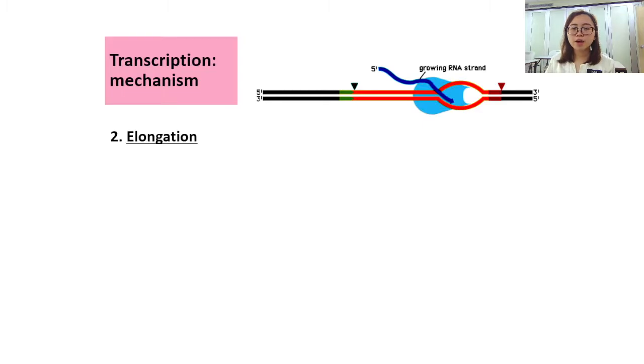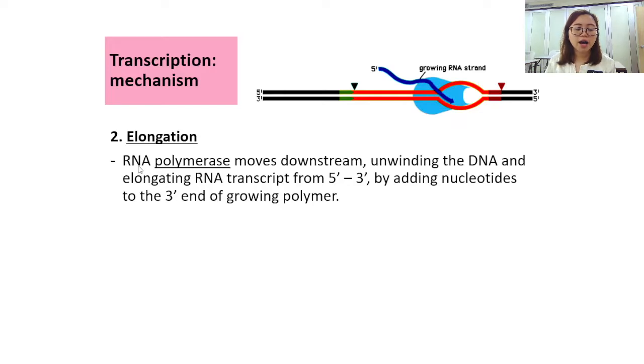All right, now we can go on to the second stage of transcription, which is elongation. Macam mana mRNA strand kita ini memanjang? Okay, after initiation, the RNA polymerase will move downstream, unwinding the DNA and elongating the RNA transcript from 5' to 3' direction by adding nucleotides to the 3' end of the growing polymer.